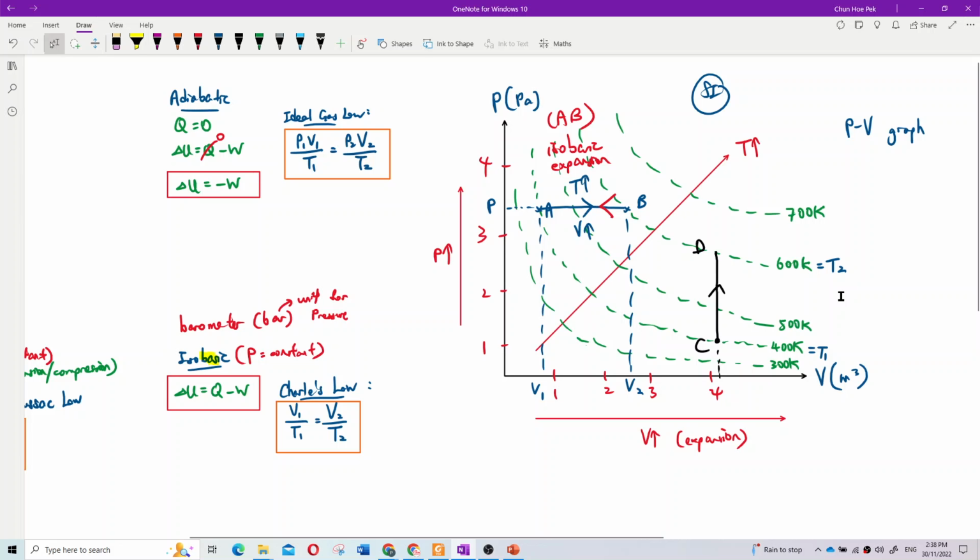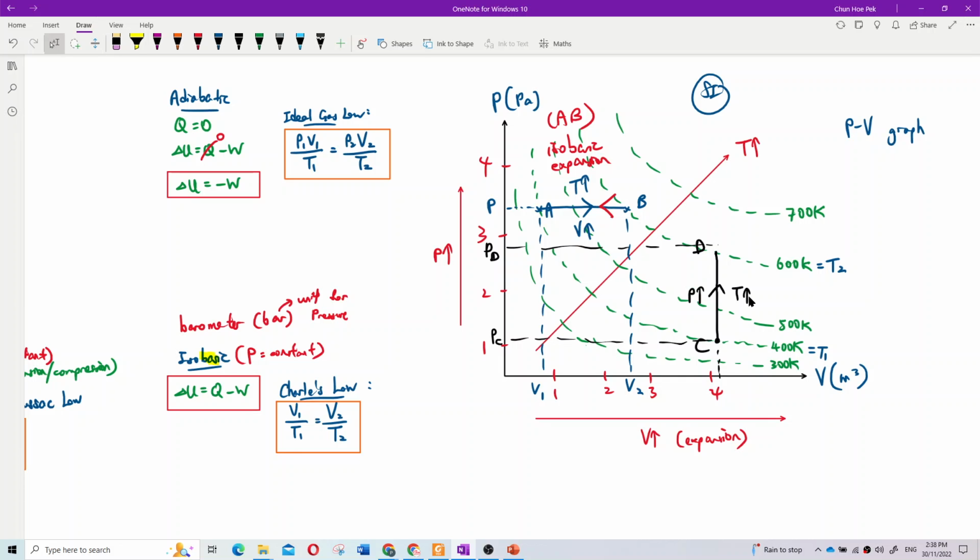Increase. This one temperature increase. You see, you go to another isotherm line. What happened to the pressure? Increase. Pressure also increase. This is pressure C, and this is pressure D.